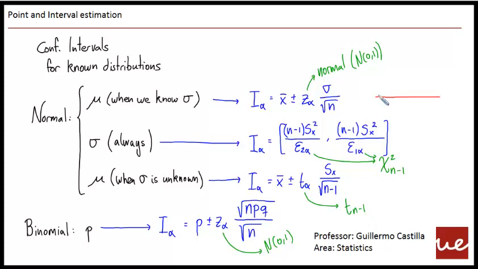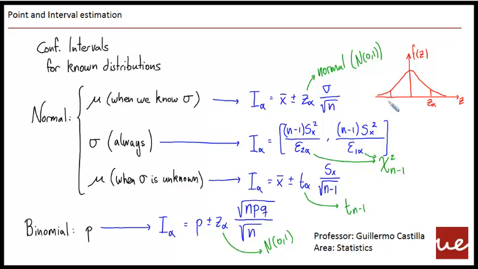So Z sub alpha belongs to a normal 0, 1. Epsilon 1 and 2 belong to a chi-square n minus 1, and T sub alpha belongs to a T of n minus 1. So how do we calculate this? This is actually quite simple.